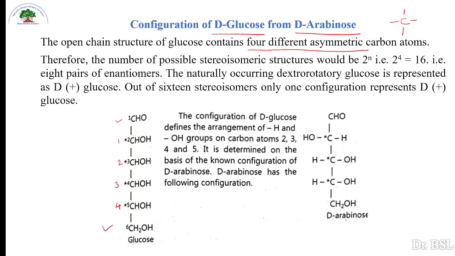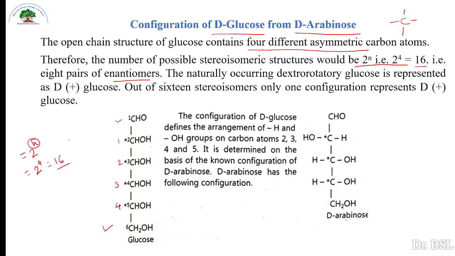Therefore, the total number of possible stereoisomeric structures is given by the formula 2 raised to n, where n is the number of asymmetric carbon atoms. So here 2 raised to 4 becomes 16.